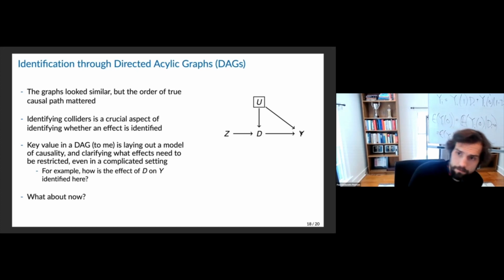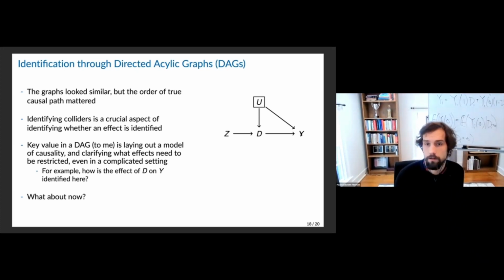In this setting, could we do it? So I'm cheating here. This is not something we would know exactly how to identify, but let's walk through it. Let's talk about what the paths are. So there's a direct path from D to Y. Then there's one backdoor path, right? Which is D to U to Y, where U is a confounder, right?